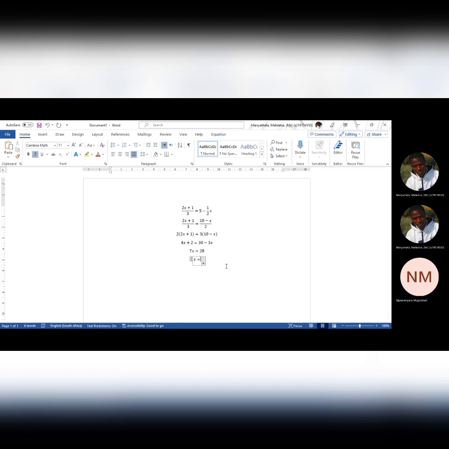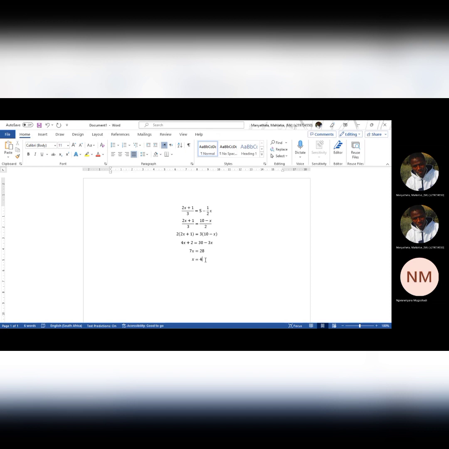Currently 28 divided by 7, and you are quiet. Take 4. Okay, sure. Meaning that our x equals 4. And you can always check whether x equals 4.